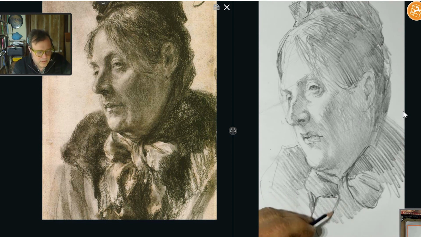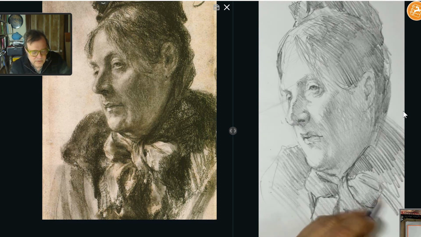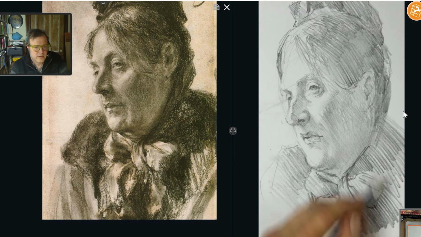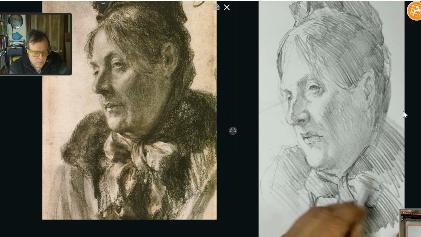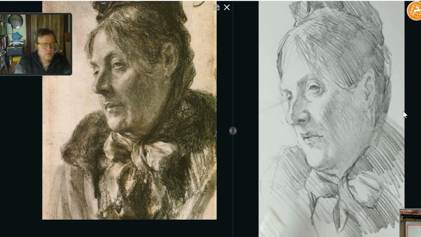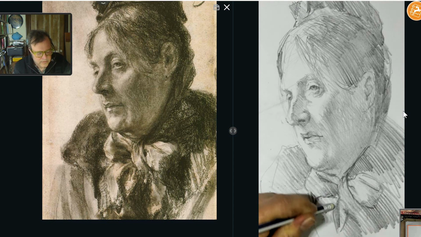So again, think of this as just a pattern of light and dark. And then after you get your pattern in, start to think about some of the forms you're seeing, but don't go crazy with it. Erasing some highlights.